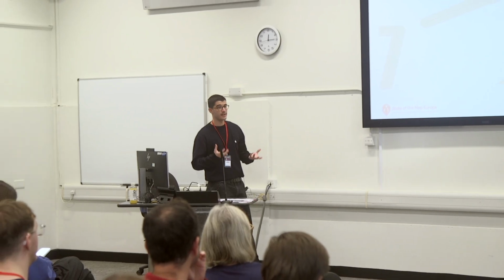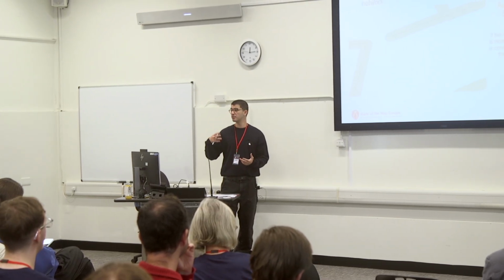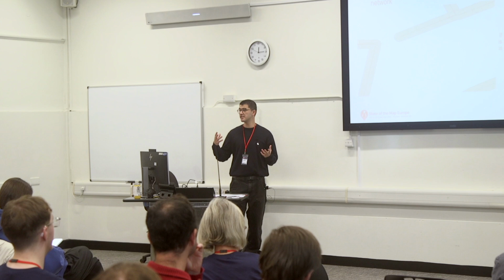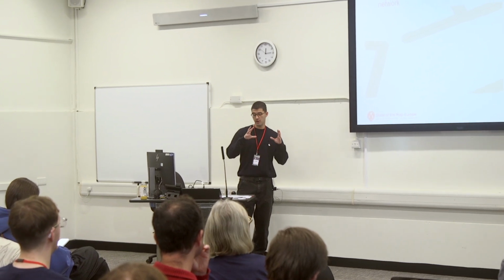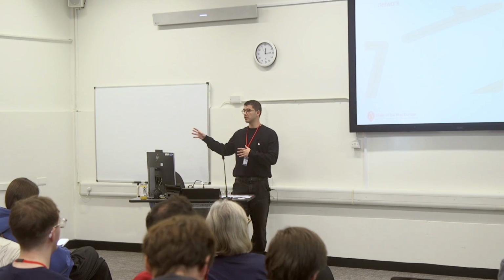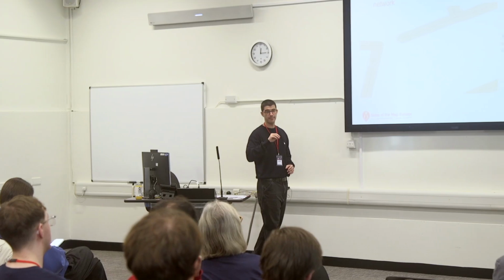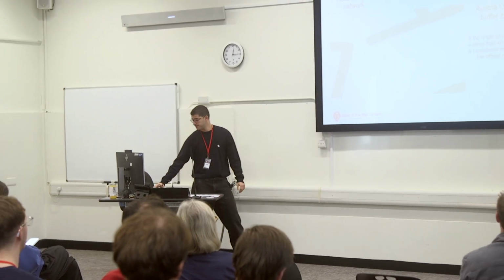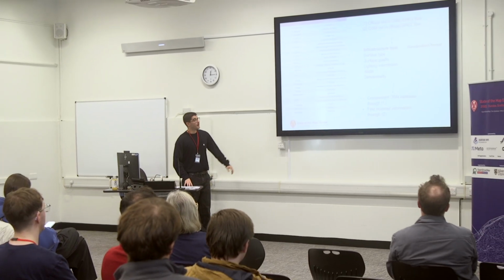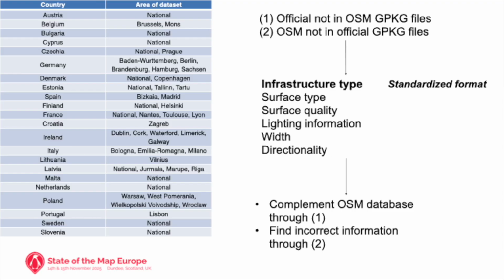So through these checks, we have identified, in an automated way, two different GPKG files: the OSM network that is not on the official network, and also the official network that is not on the OSM. And we have these two types of GPKG files for all of these datasets.